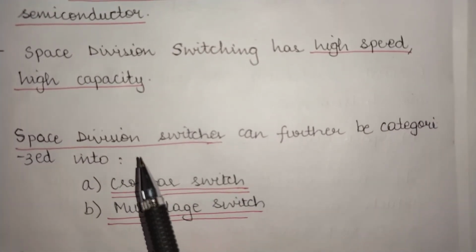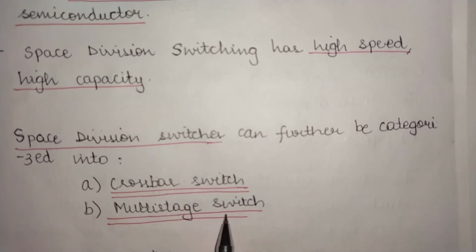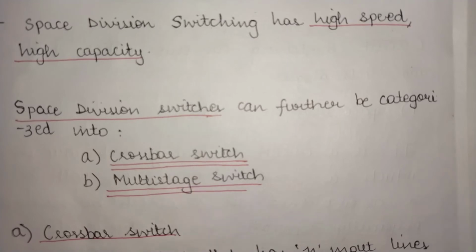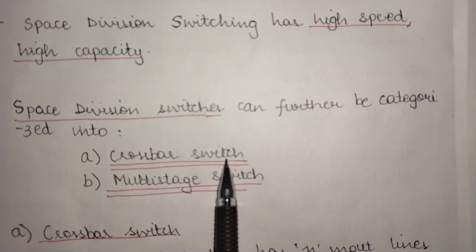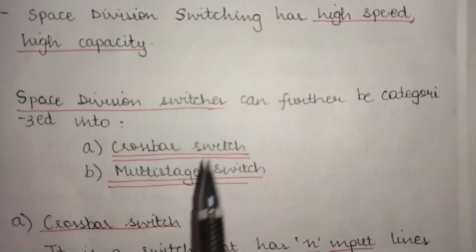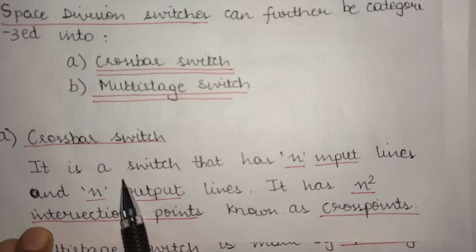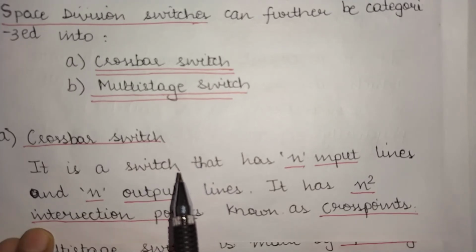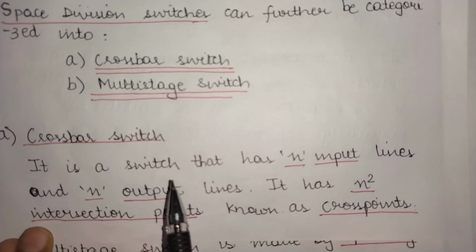Now, as I said, it uses crossbar switches, but it also sometimes uses multi-stage switches. So I can say that space division switches can further be categorized into two types. One is the crossbar switch, which we just discussed, and then the multi-stage switch. As I said, a crossbar switch consists of semiconductor material, and it has metallic cross points, so they can be enabled and disabled using a control unit.